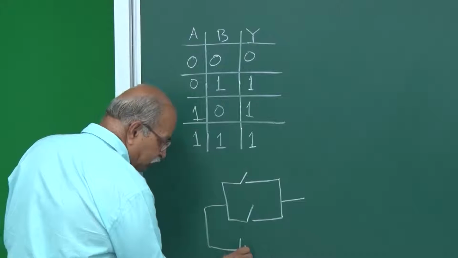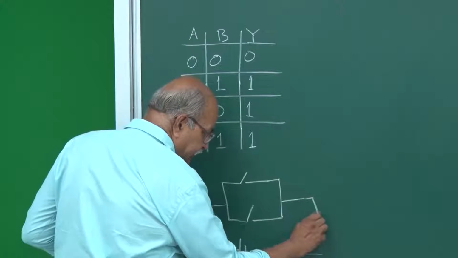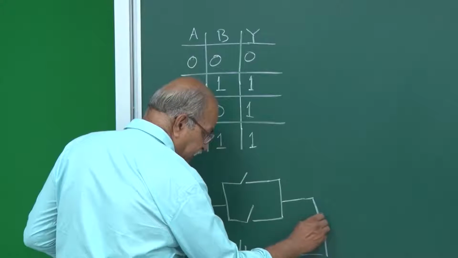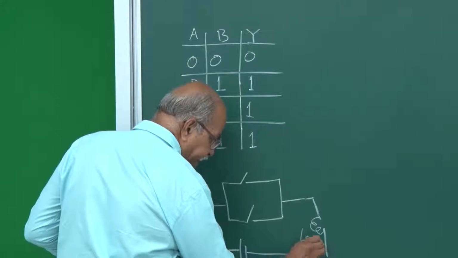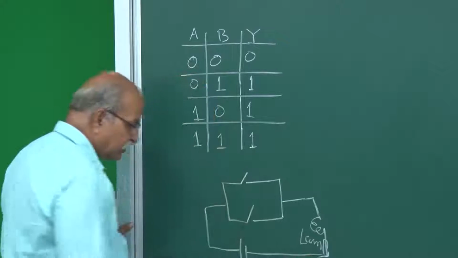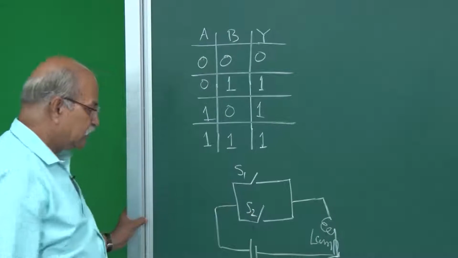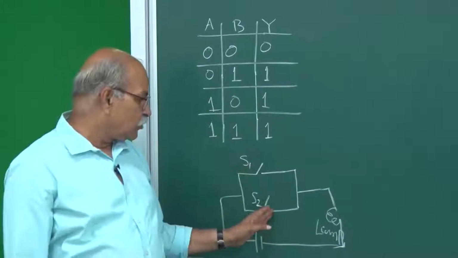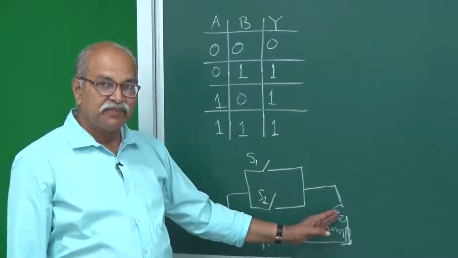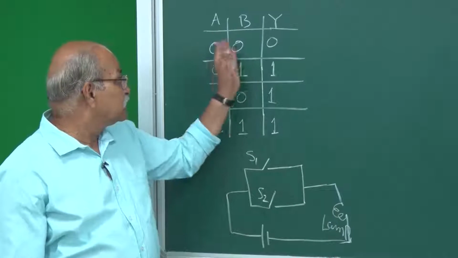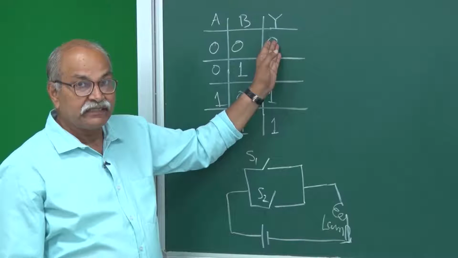Here is the power source, and here is the lamp. So what will happen? If this switch S1 and this switch S2 are both open, then the lamp is off. So if both are 0, then the output is 0.